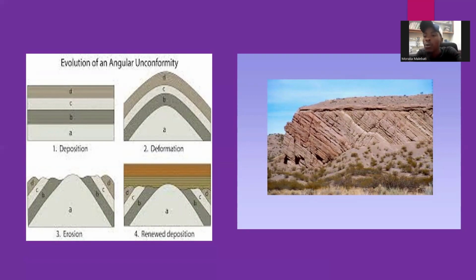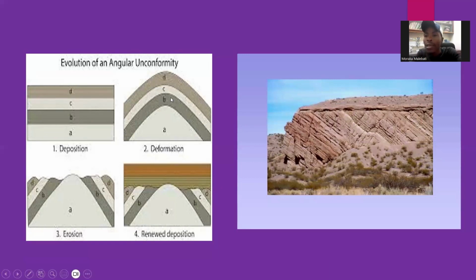The principle of superposition can only hold if the layers are stratified and undisturbed. Then you can say with confidence that the layers at the bottom are older than the layers at the top.